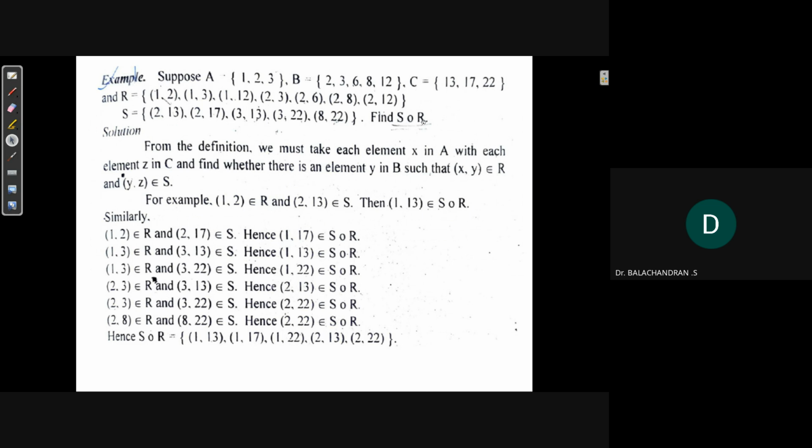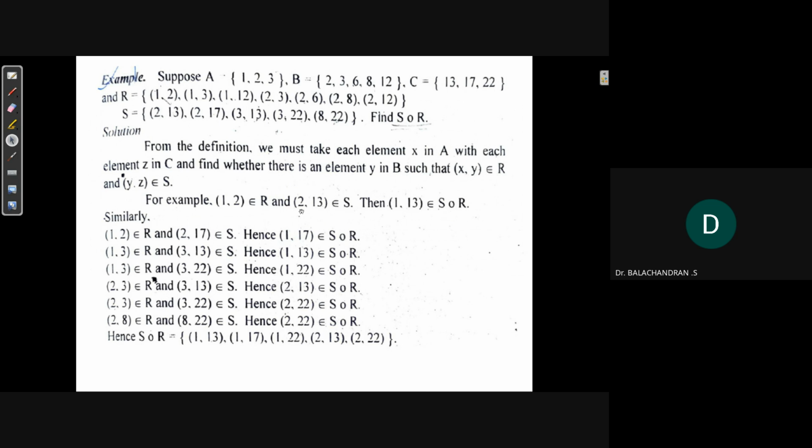S composition R means first you should apply R and then you should apply S. So first I will take an element (1, 2) in R. Since it ends with 2, I should take an ordered pair starting with 2 in S. There are two pairs starting with 2.